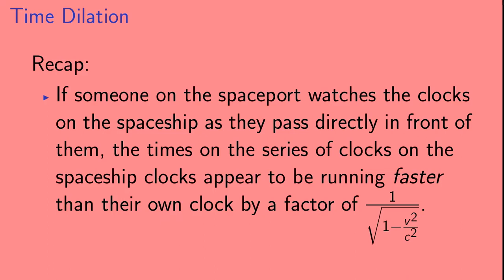Okay, so let's recap. If someone on the spaceport watches the clocks on the spaceship as they pass directly in front of them, the times on the series of clocks on the spaceship appear to be running faster than their own spaceport clock by a factor of 1 over the square root of 1 minus v squared over c squared.